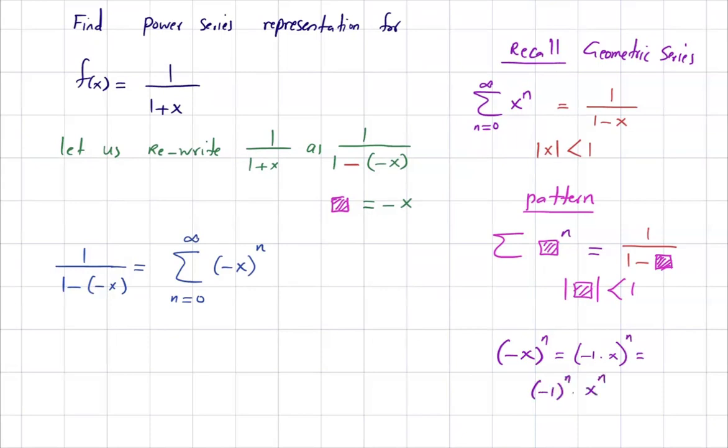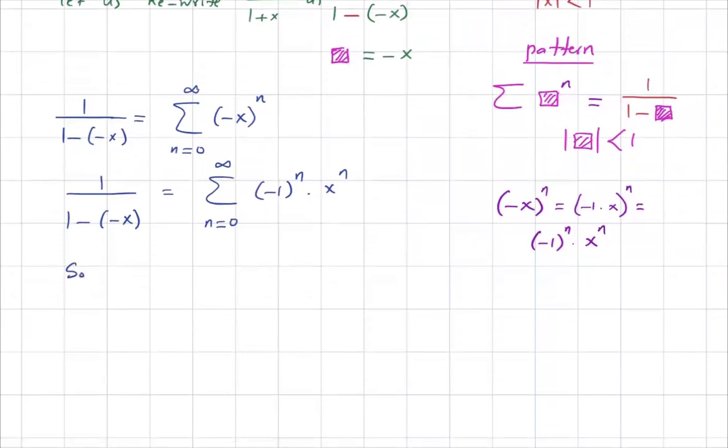So this series can be represented as the summation of negative 1 to power n times x to power n, starting from 0 going to infinity. 1 over 1 plus x is equal to the summation of negative 1 to power n times x to power n.